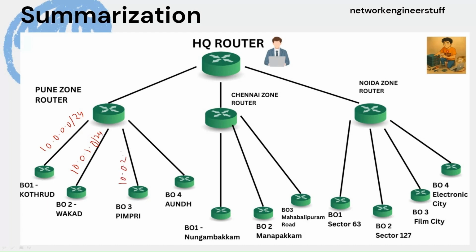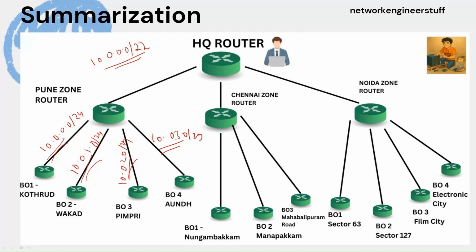This has 10.0.2.0/24, and this link has, let's say, 10.0.3.0/24. Okay. So if you find the summary of these individual routes, it will come as 10.0.0.0/22.